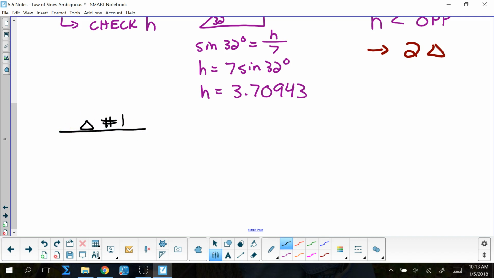In the first triangle, I'm just going to solve it like we had been, using the law of sines. The first one I'm going to solve for is angle A. The sine of 32 degrees divided by 5 equals the sine of angle A sub 1, because it's on the first triangle, divided by 7.